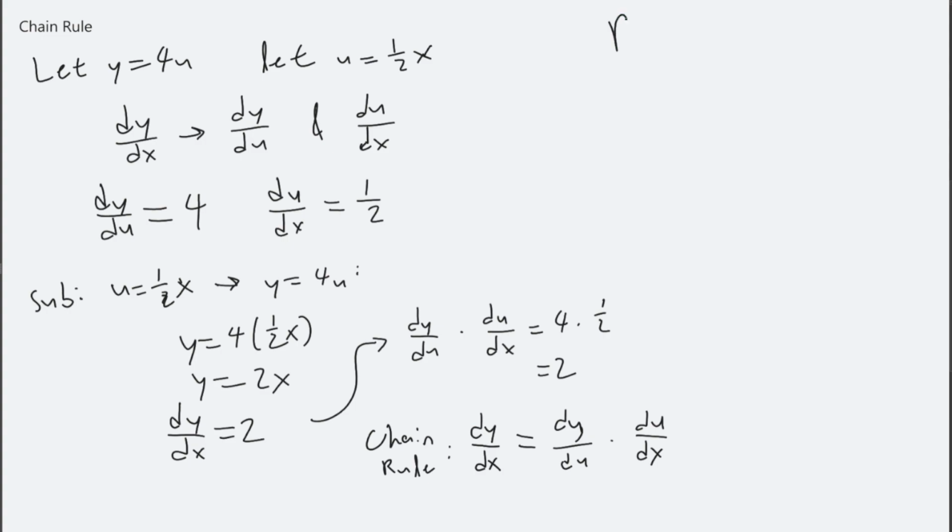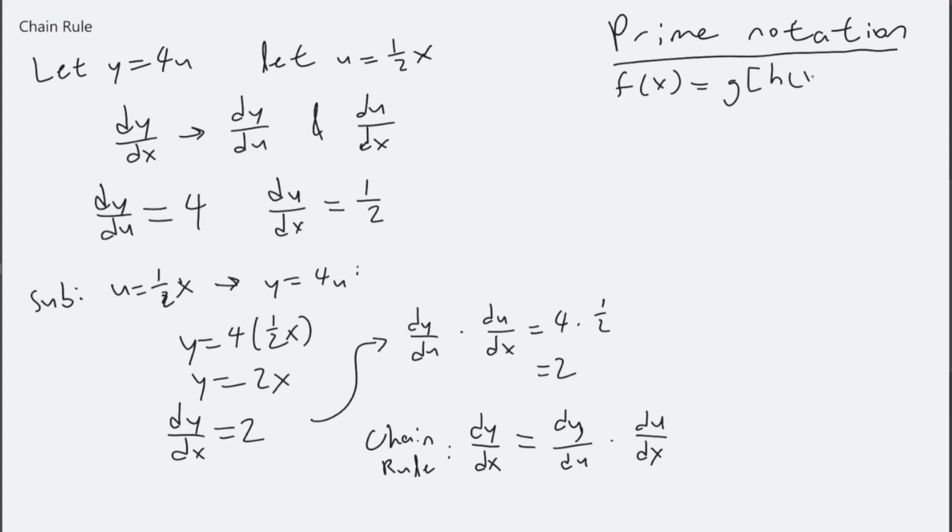So we can write this in prime notation. It's a little bit easier to see compared to Leibniz's notation. If you write f of x is equal to some function g of h of x, then the derivative f prime of x is going to be given to us by g prime of h of x.